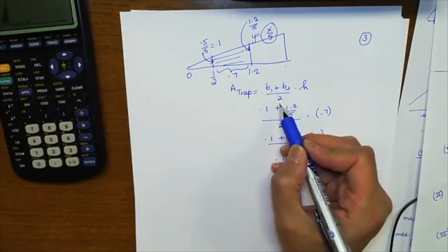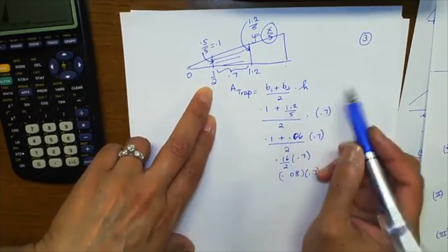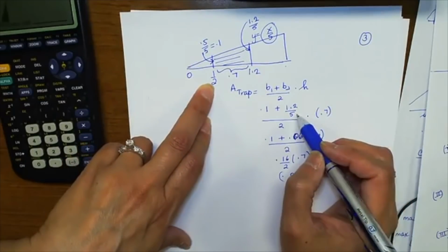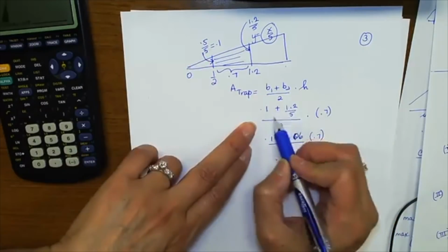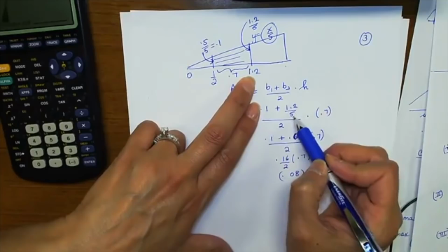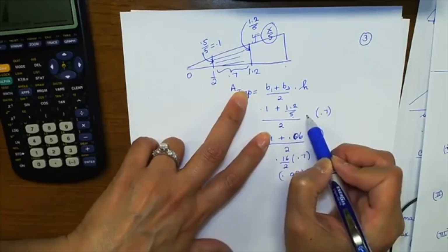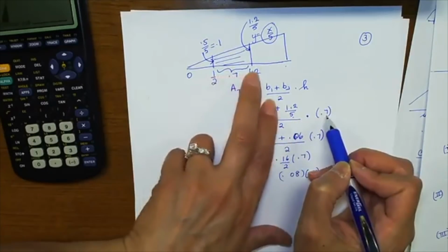Base 1 plus base 2 over 2 times height. Base 1 equals 0.5 divided by 5, which is 0.1, plus 1.2 divided by 5, divided by 2. Base 1 plus base 2 over 2 times the height, 0.7.